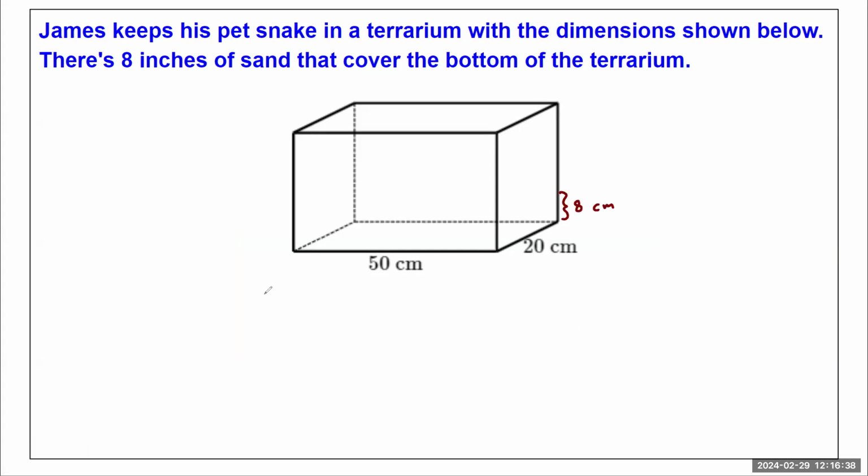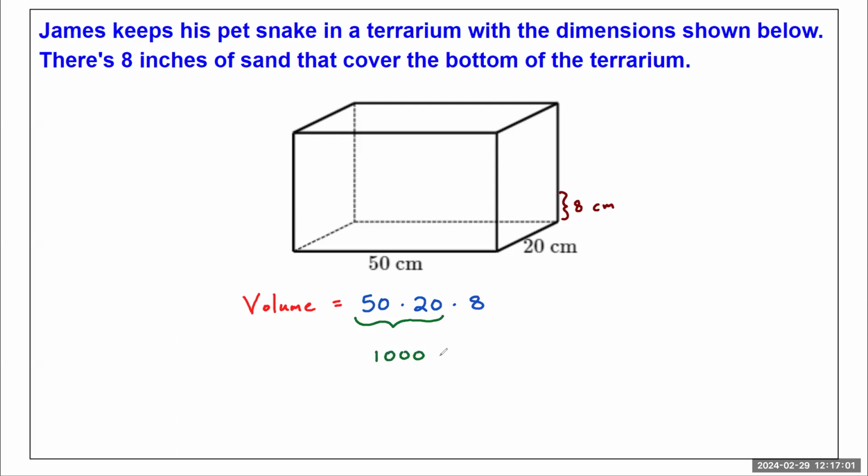So in order to find the volume, we are going to be multiplying the length of 50 centimeters times the width of 20 centimeters times the height of 8 centimeters. And 50 times 20 is going to give us 1,000.